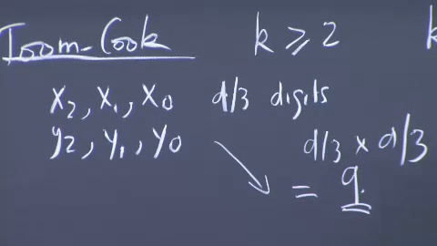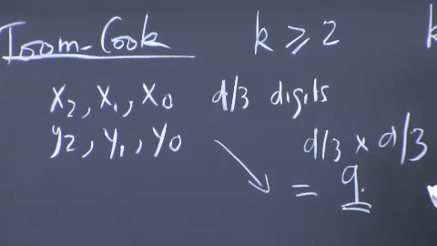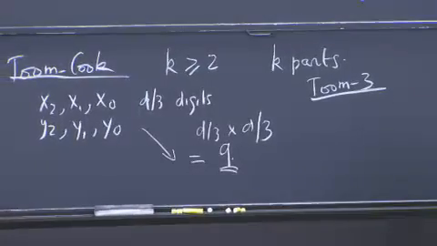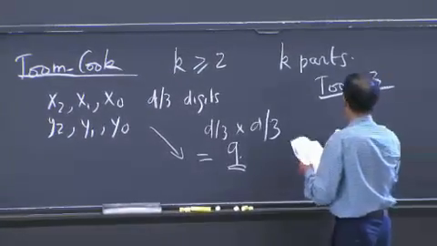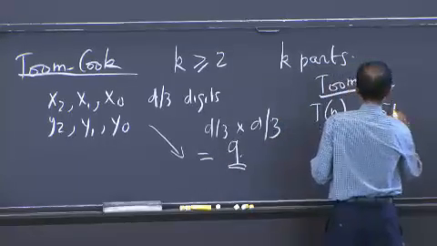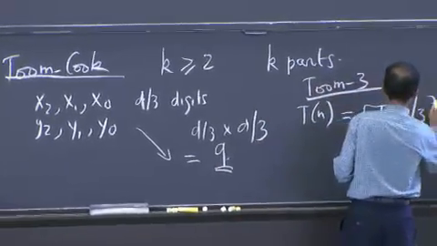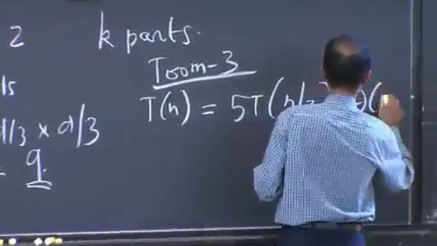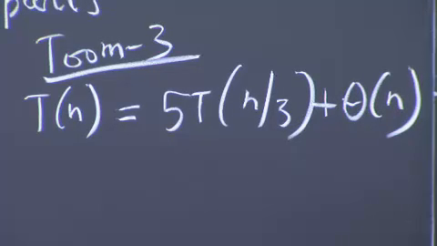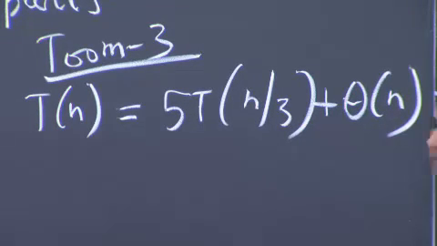It turns out that Toom-3 plays some arithmetic games and ends up with a recurrence relationship that looks like this, where you reduce the 9 multiplications down to 5.